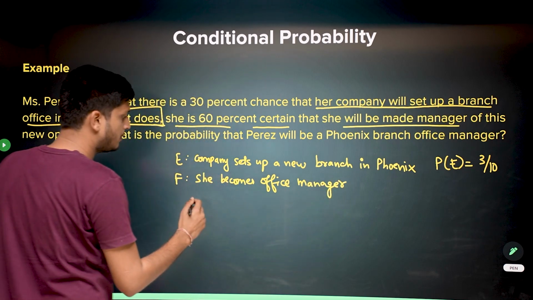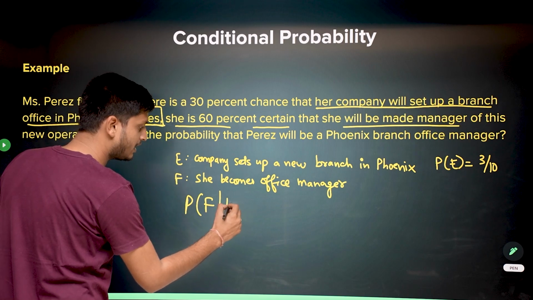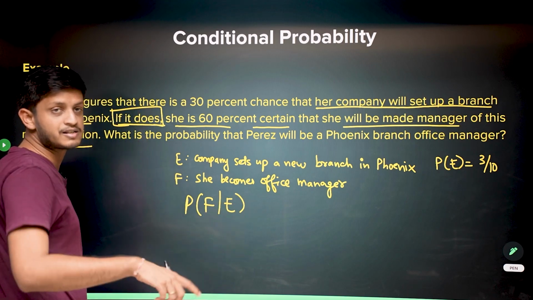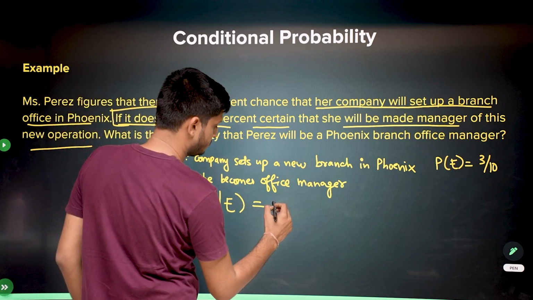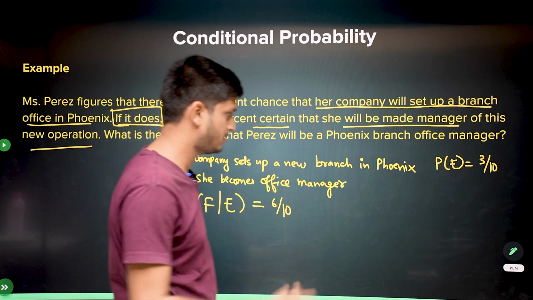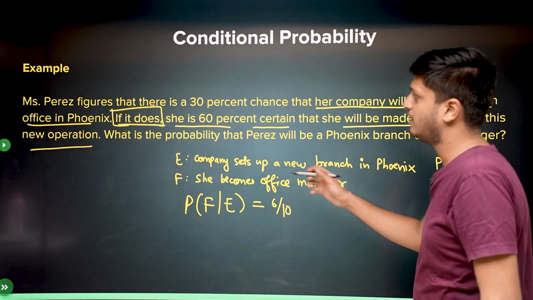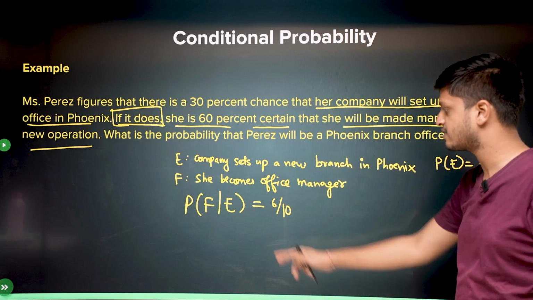This we don't know, but it is given that she will become a manager given that the company sets up a new branch. This is given to be 60%. I hope you got it. If the company sets up a new branch, she will become a manager with 60% chances.